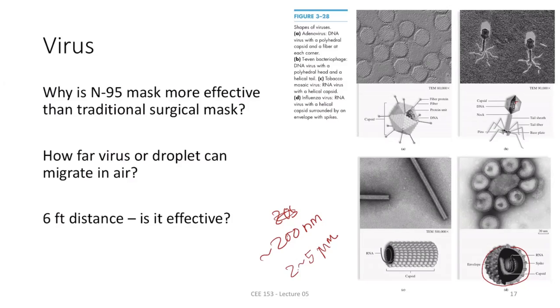If you think of a surgical mask, the pore sizes are bigger than the virus size. That surgical mask is usually designed to prevent blood or big liquids or bacteria, larger particles, not to filter the viruses. So that's why viruses can actually be transmitted through.